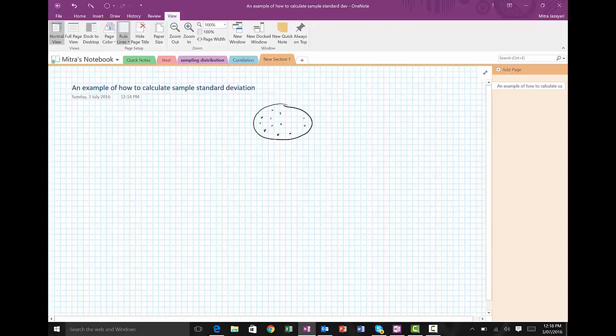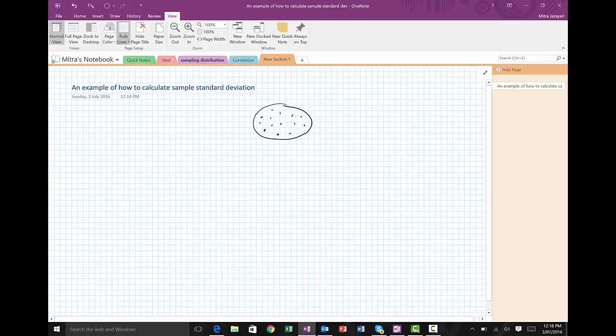Now, the population characteristic is represented in statistical terms as the population mean, mu, and the population standard deviation is sigma.